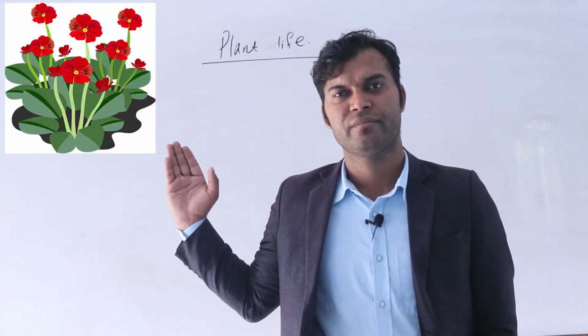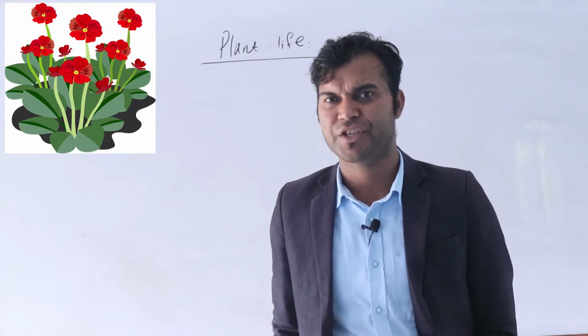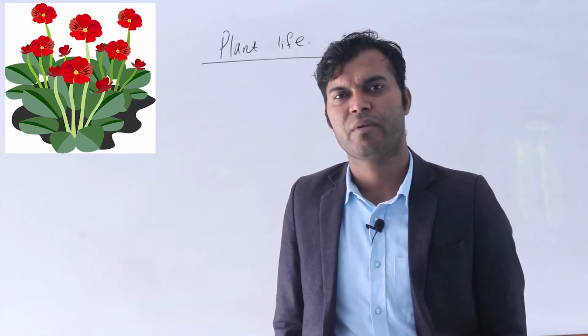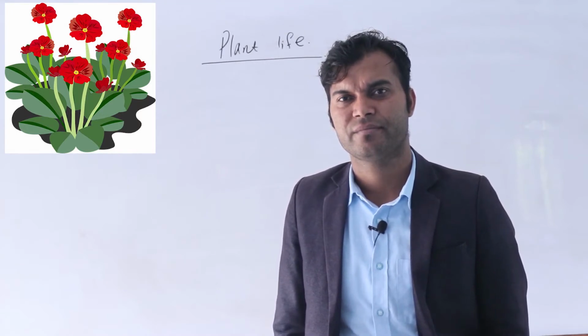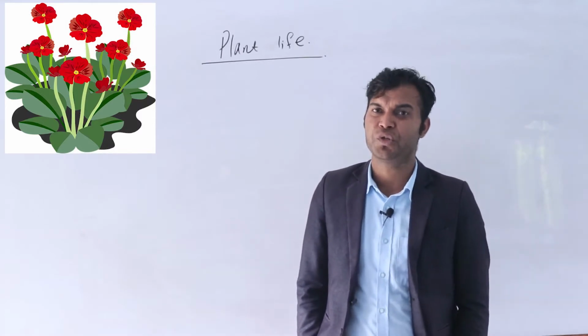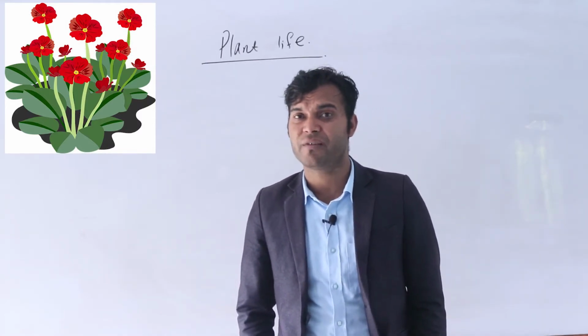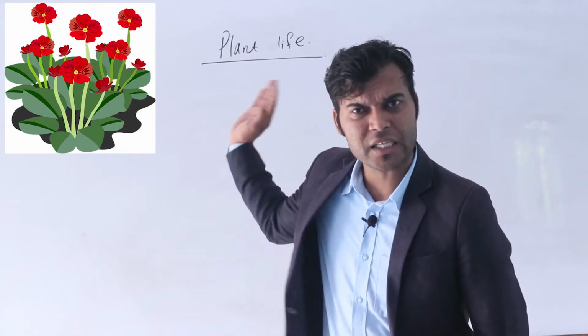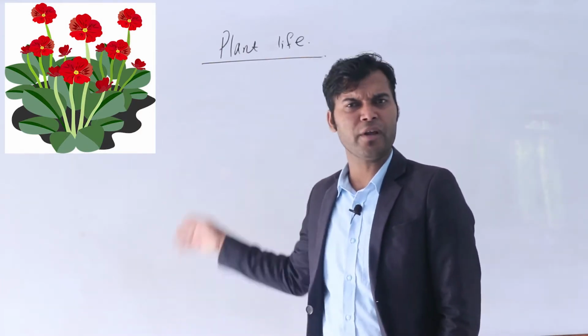Look at the diagram of flowering plants. I hope you are clear about it. Those plants which bear a flower are called flowering plants. See also the different parts of this flower and this flowering plant.